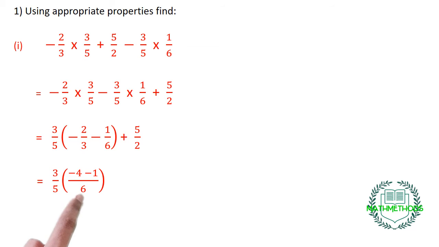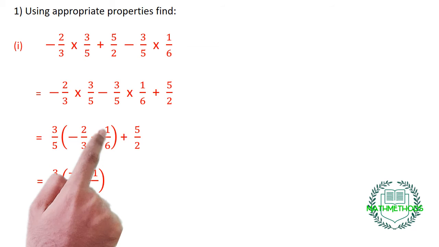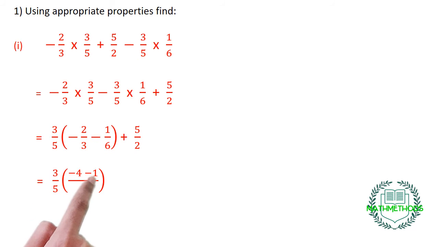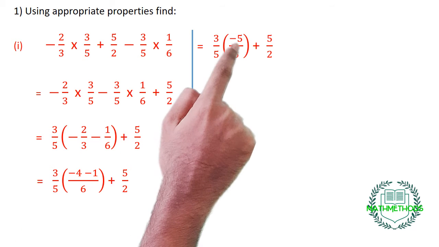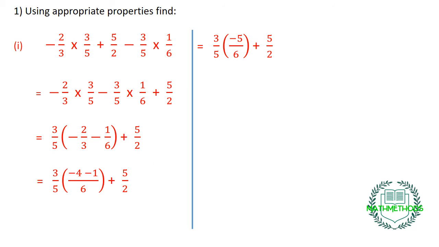Again 6 divided by 6 is 1, and 1 multiplied by minus 1 is minus 1 plus 5 upon 2. We have still not finished solving the bracket. So now minus 4 minus 1 gives us minus 5. Minus 5 upon 6. Now we have finished inside the bracket.